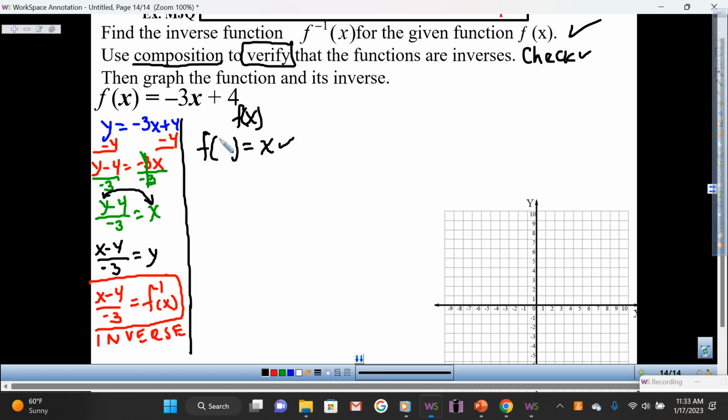But instead of substituting in here any number, I'm going to substitute the entire function, which is the inverse function, f inverse of x. So I'm going to check, start with the original, substitute in there the inverse, and at the end, after I simplify everything, I should end up with x.